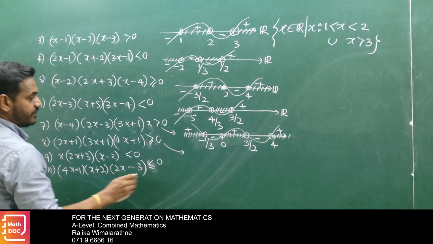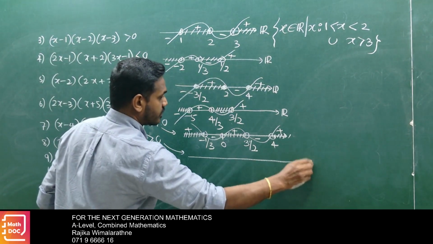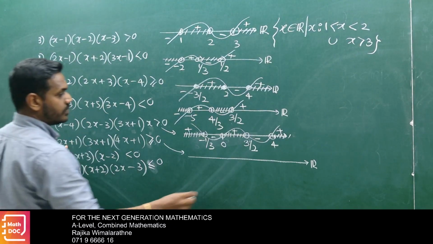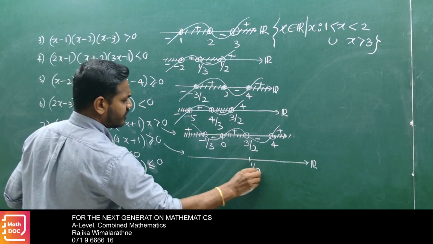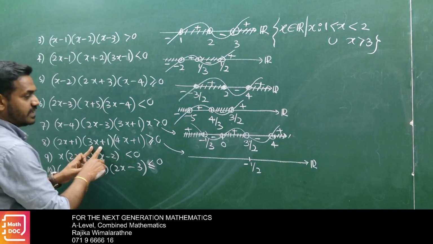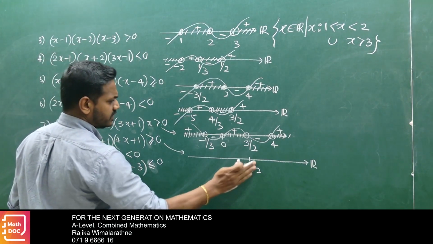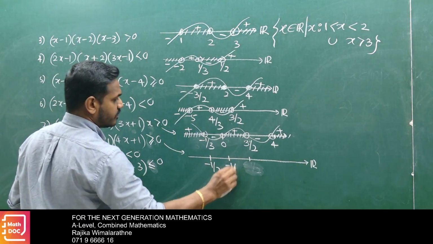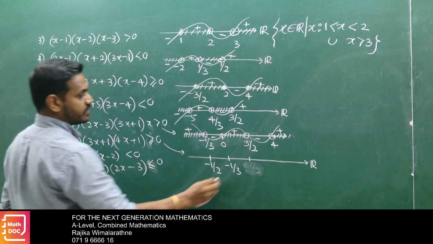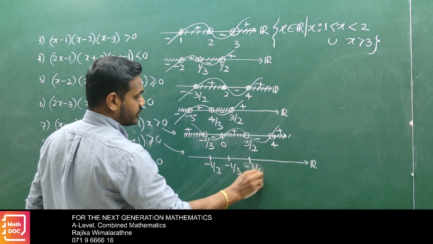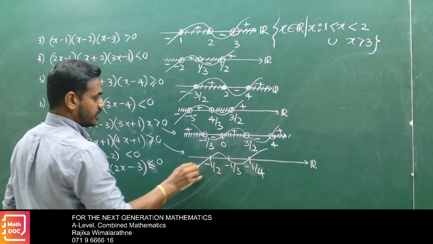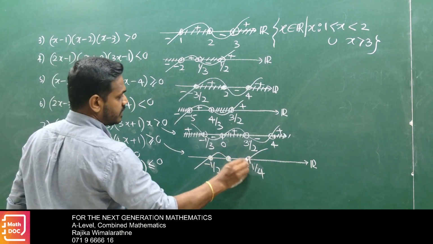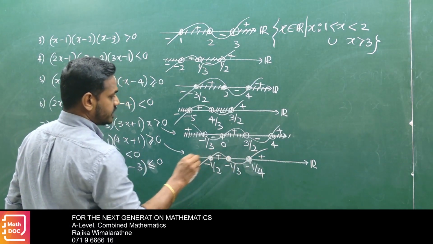Then here, real number line, 0 value minus half. Here minus 1/3. And minus 1/4. We have equality, shade, shade, positive, positive, negative, negative.